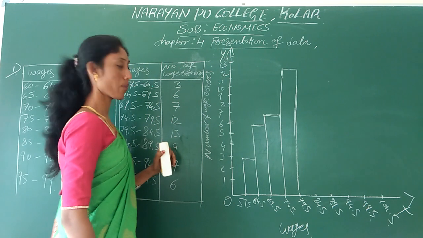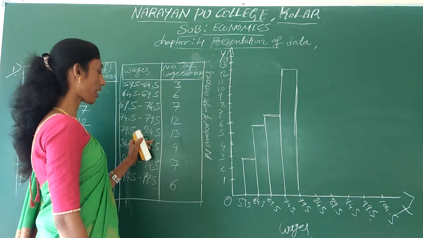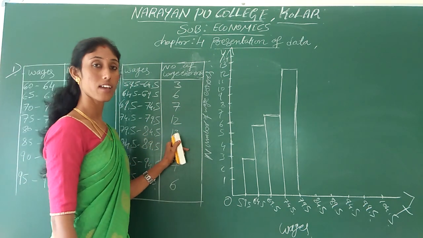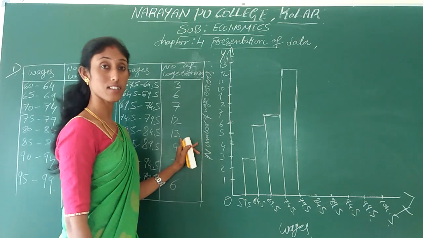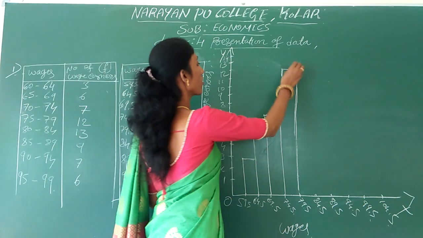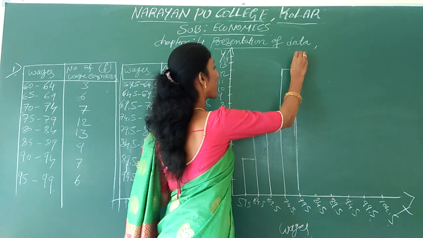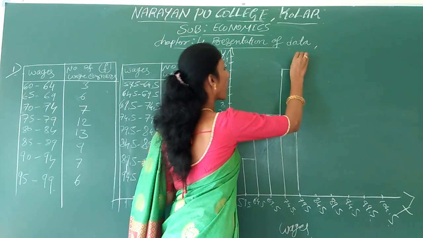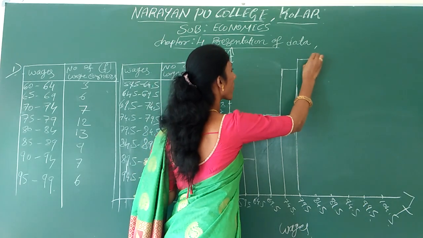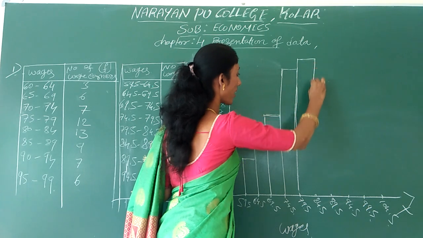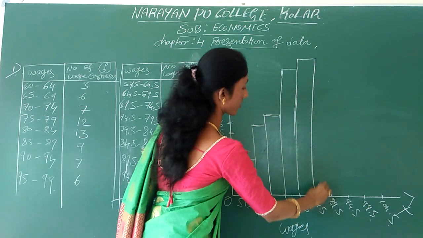Yes. Now next, from 79.5 to 84.5, the wage earners are 13 members. Then from 12 to 13 extend this and take a rectangle shape and add it to the next.